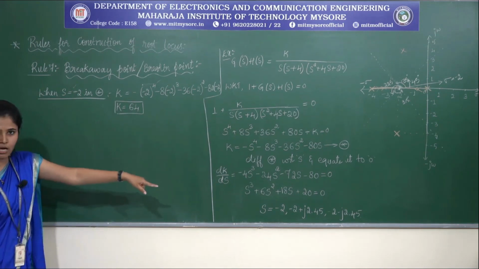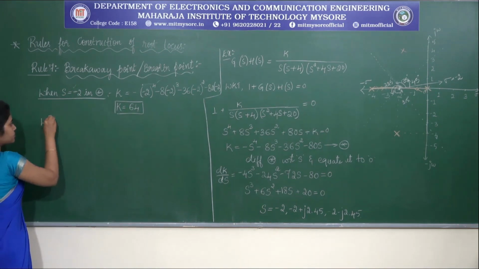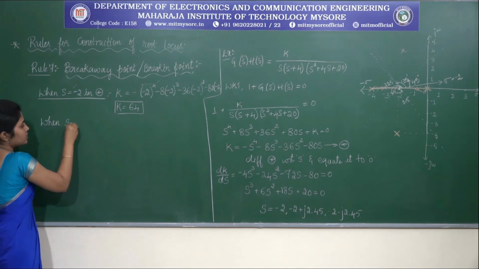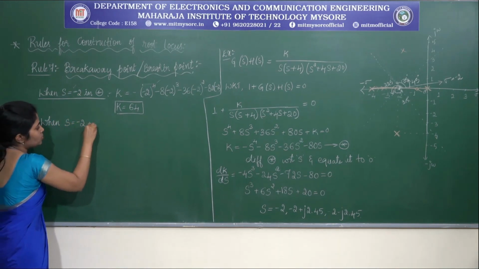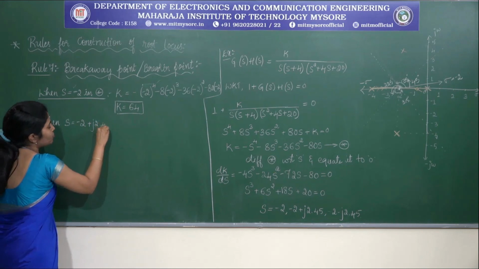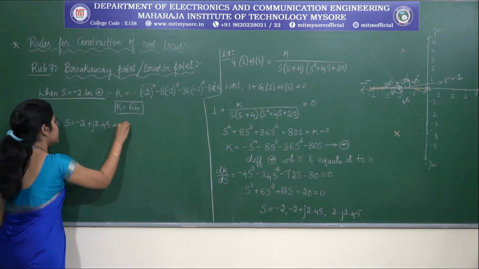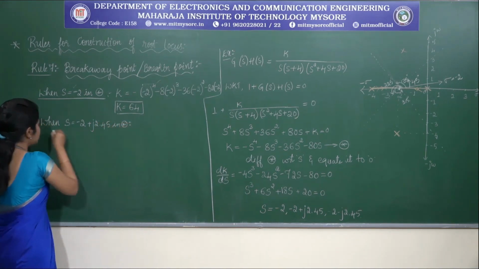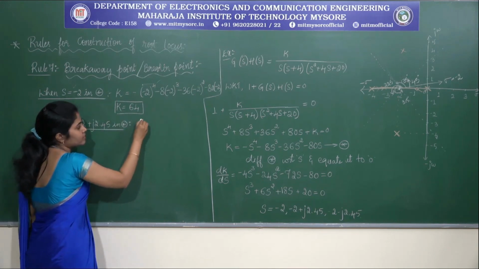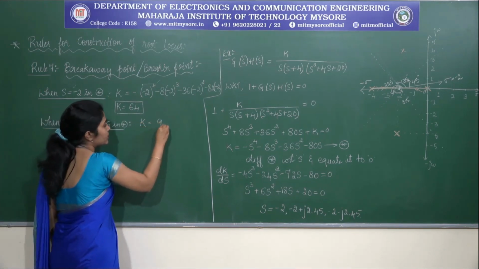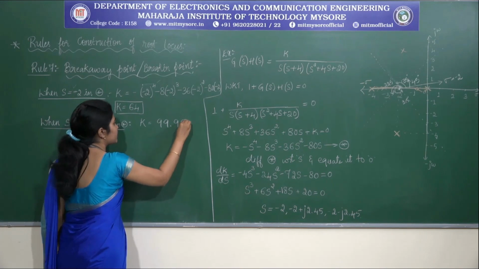Similarly, I need to check the other two, that is when s is equal to minus 2 plus j 2.45 in equation star. Substitute in a similar fashion and find the value for k. The value for k is 99.99.